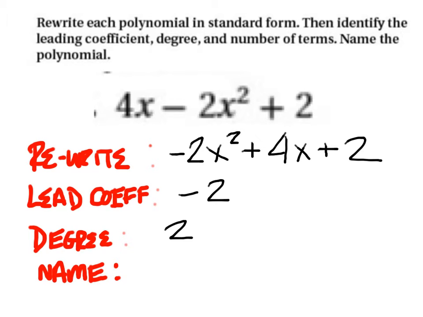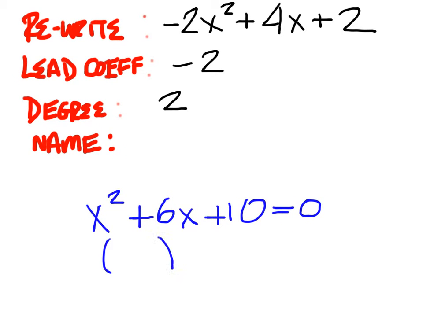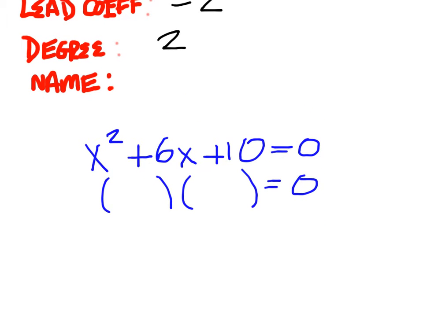When you have a square, you should remember back from Algebra 1 that when we did things such as, and I'll write them here, x squared plus 6x plus 10 equals 0. We could have solved that by factoring, if possible, or we could have used a formula. What was the name of the formula?